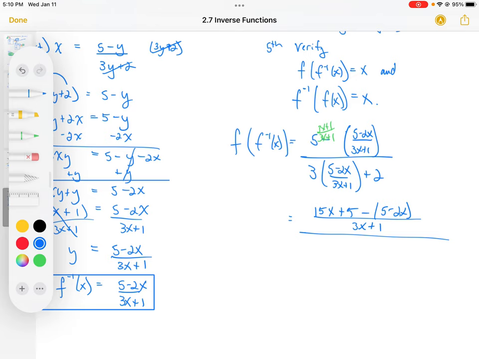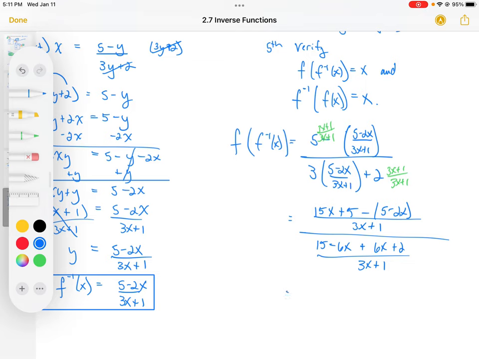And then in my denominator, I have 15 minus 6x, and I'm going to get common denominators in my denominator also, so I'm going to multiply this by (3x plus 1) over (3x plus 1). This becomes plus 6x plus 2, all over 3x plus 1.